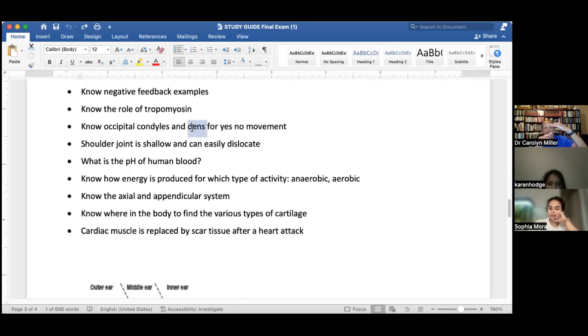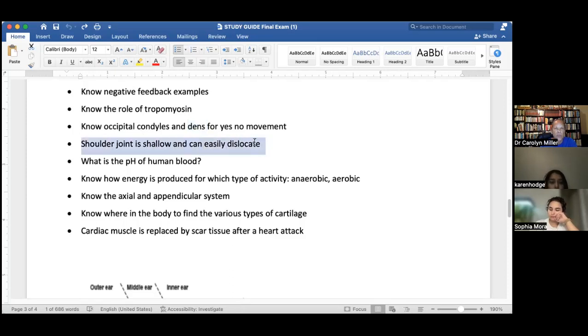The dens on C2 allows the atlas C1 to pivot for the no movement. So the axis has a dens, allowing the atlas to pivot for the no movement, and the atlas butts up against the occipital condyles, allowing the skull to rock on the vertebrae for the yes movement.